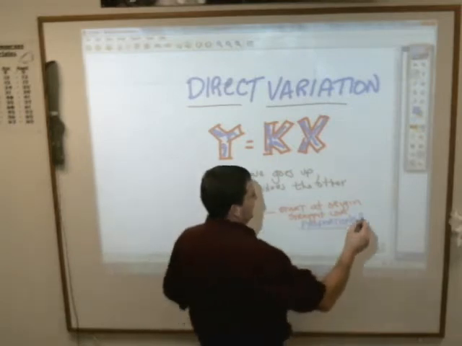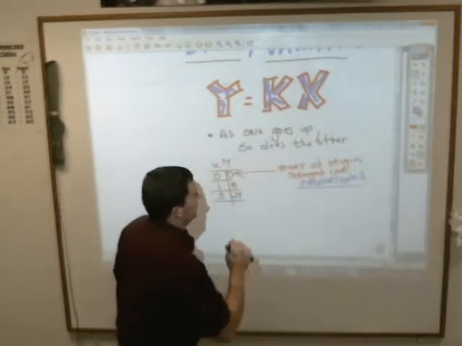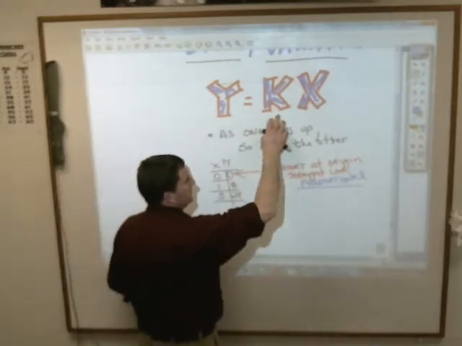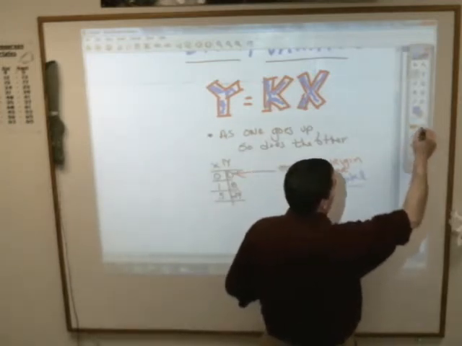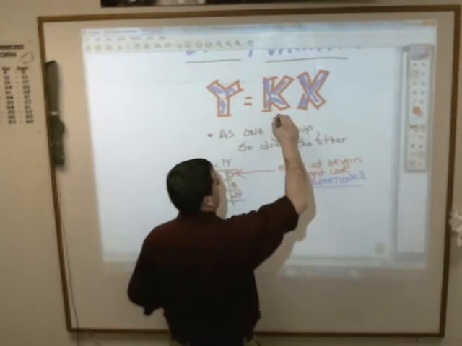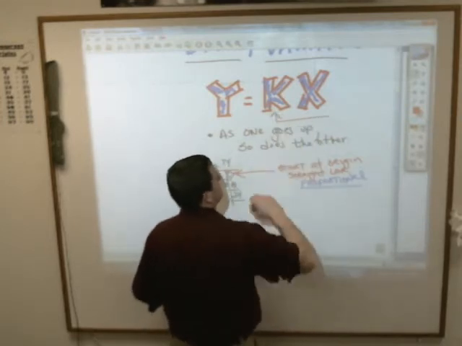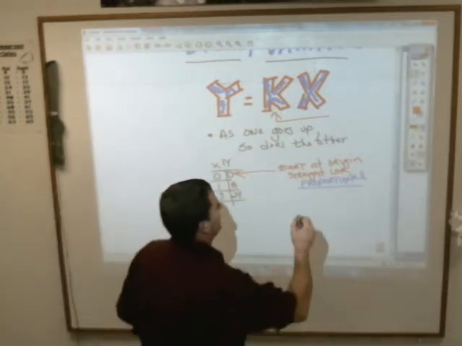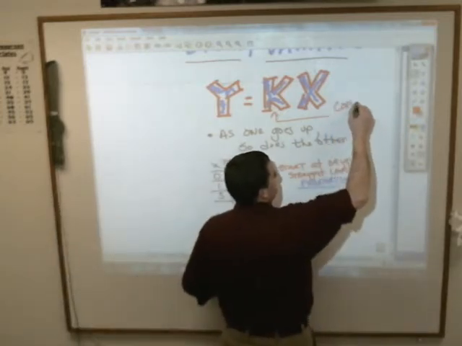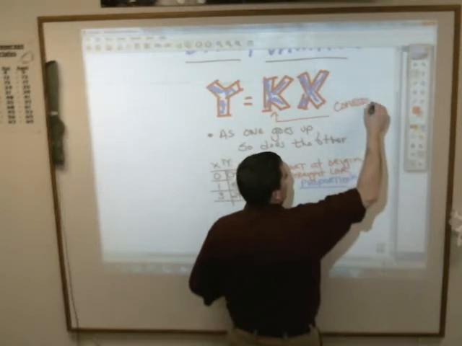I understand that, okay? Now, here is the deal with this equation. The biggest part of that equation is that letter k. The letter k right there is what's called the constant of variation. It is not Katie. So should we start with the C?